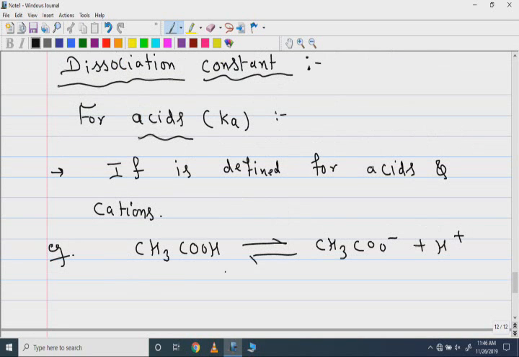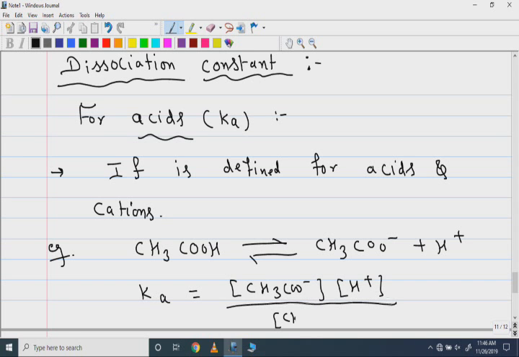Now, if I write Ka, I'll simply say the concentration of CH3COO minus times H plus upon the concentration of CH3COOH. So this is how you can write the dissociation constant for acids.